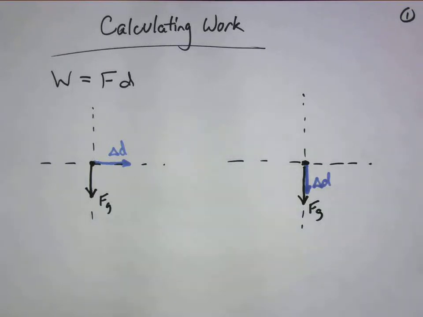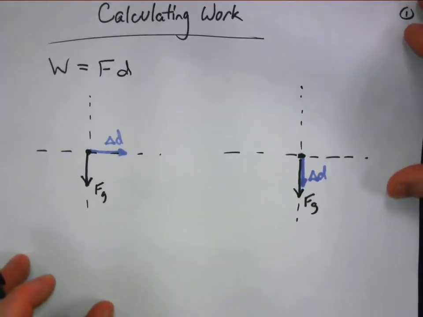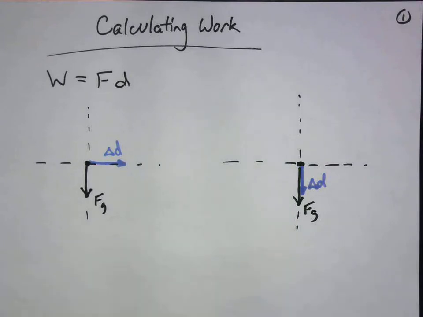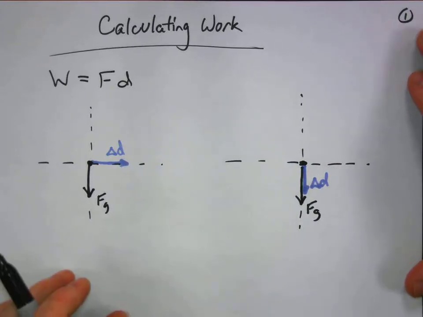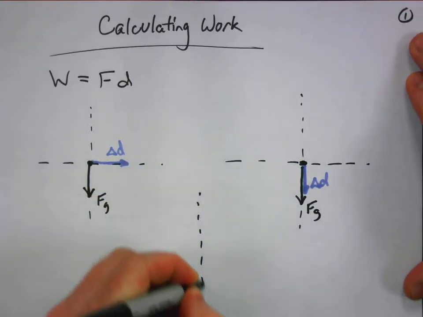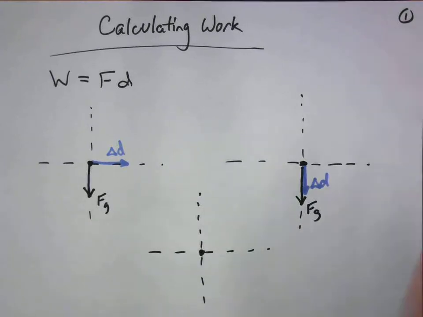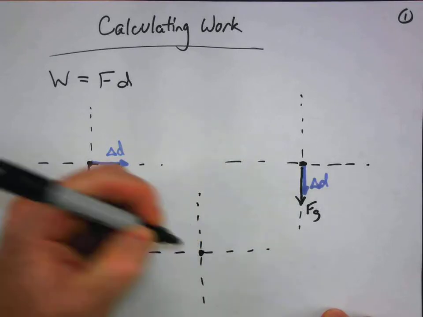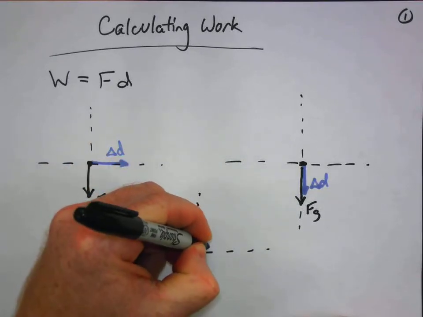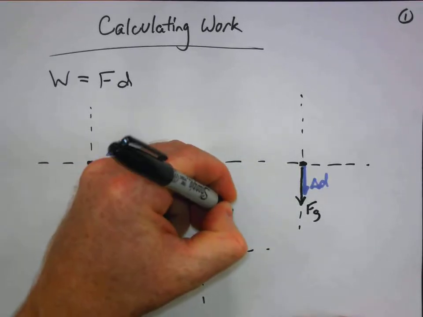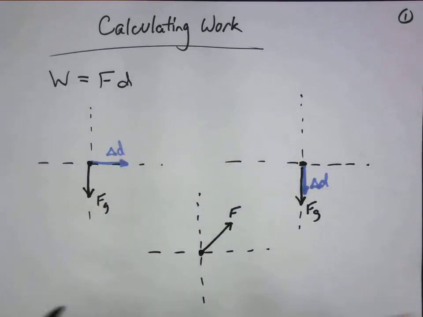So what if the situation is not so clear, right? We can sort of make general statements about things. And it turns out when we make a general statement, it usually ends up making our job a little easier even. So what if we have a force in this direction, just whatever force is acting on the object, right?